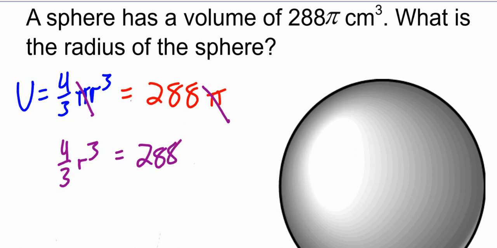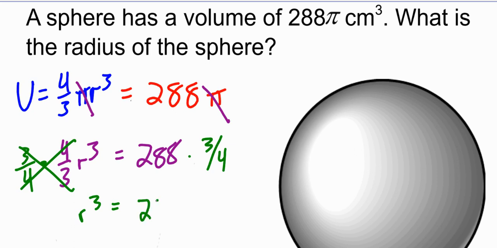Well, to undo that 4/3, we just multiply by the reciprocal, multiply by 3/4. And those cancel out. So we have r cubed equals 288 times 3/4 is 216.